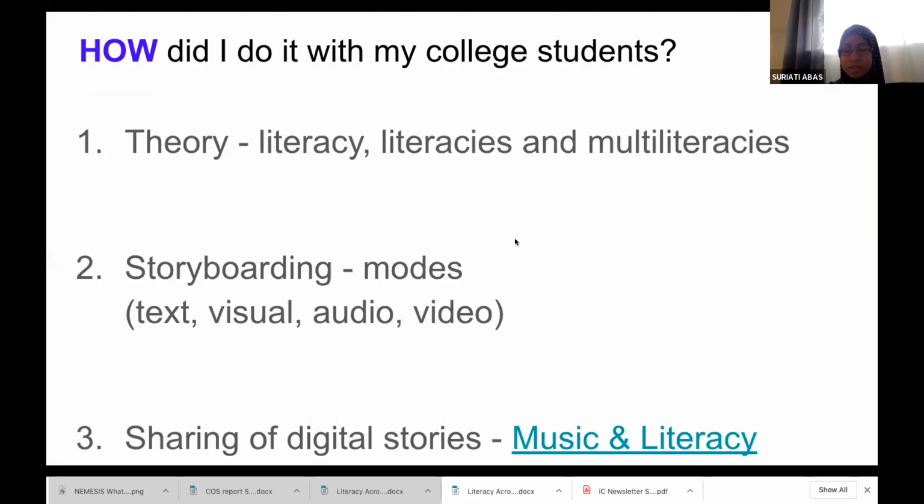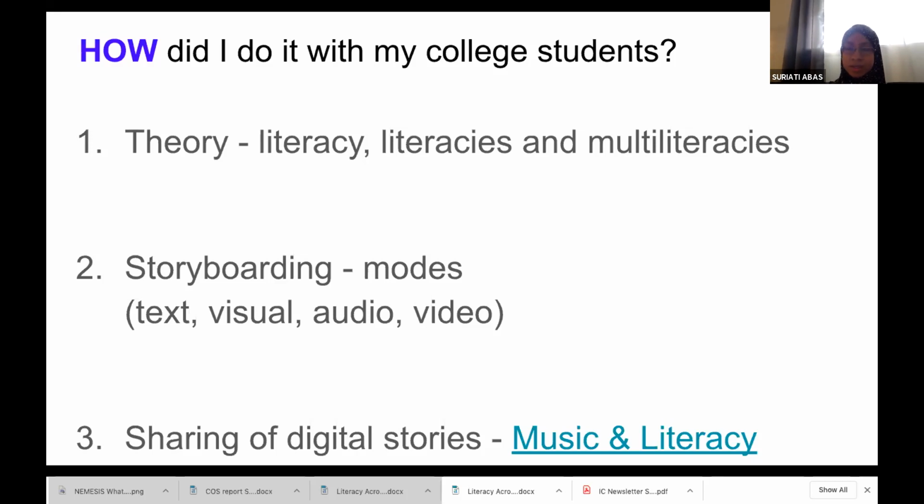Number one, I think it allows multiple ways of expressing ideas, and it also taps on learners' ability to construct a form of composition that is not just driven by text. So how I did it with my college students is in 3 simple steps.